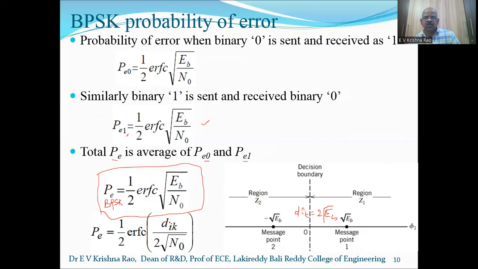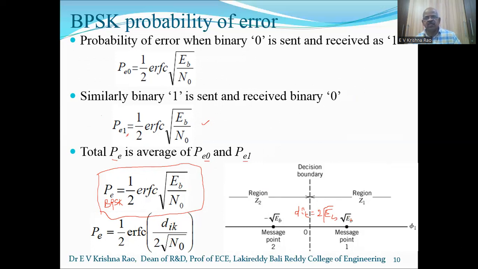So we get half the complementary error function of d12 by 2 root N naught. So in terms of equivalent distance, it is half the complementary error function of d12 by 2 root N naught, or for BPSK, half the complementary error function of root EB by N naught. So the EB by N naught ratio matters.